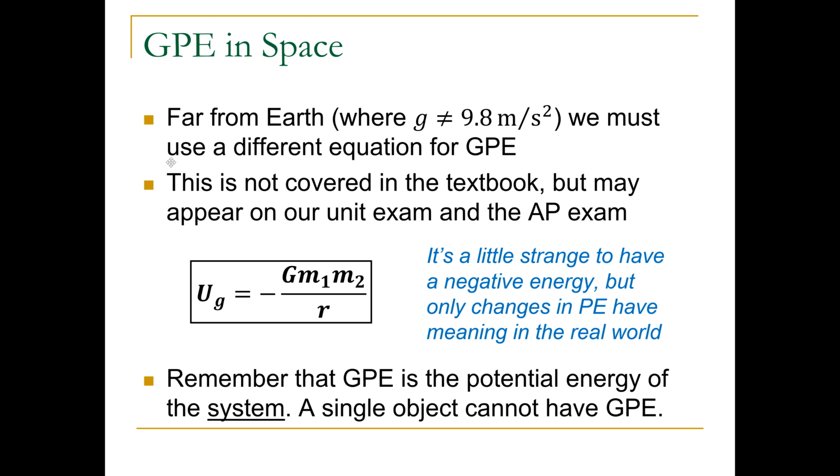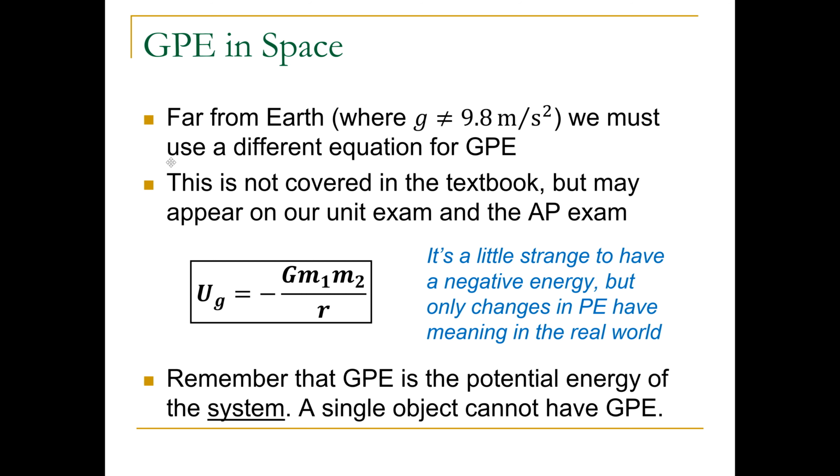So we have gravitational potential energy equals the negative of our gravitational constant times each mass divided by r. So really the only difference is that negative sign, and instead of r squared, this equation is just r. So again, this is only used for maybe the sun and the earth. You could figure out how much gravitational potential energy they have at some position. You would only use this for objects out in space.